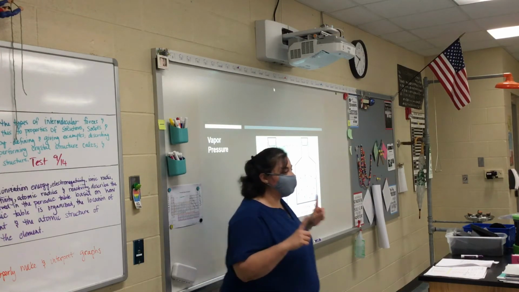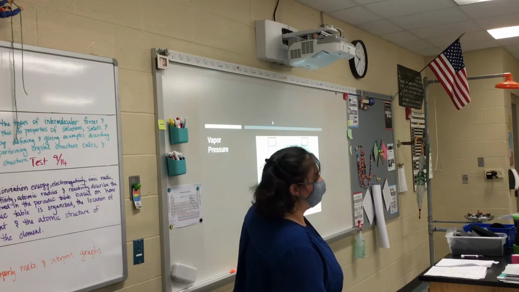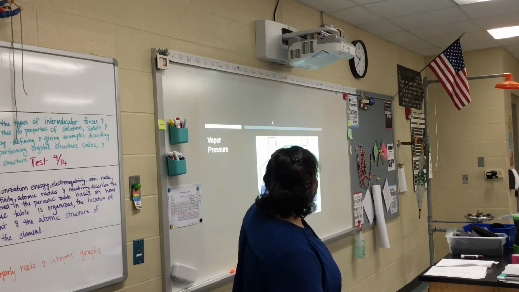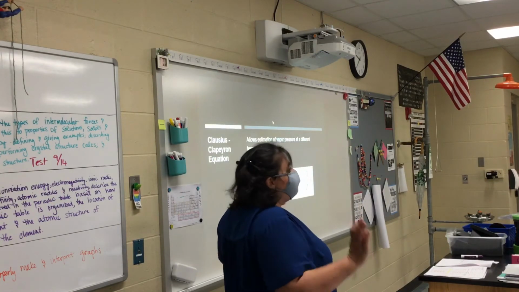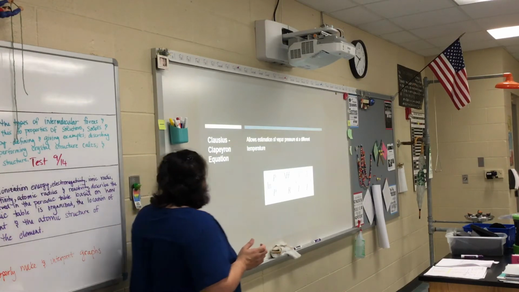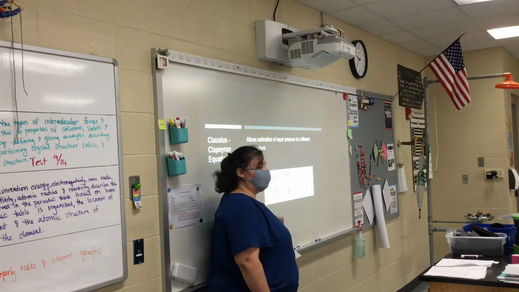So, with that in mind, we know vapor pressures have been measured for all kinds of substances at 1 atmosphere pressure, that normal vapor pressure. But this is where I'm going to introduce the Clausius-Clapeyron equation, because it allows us to estimate what the vapor pressure would be at any temperature.